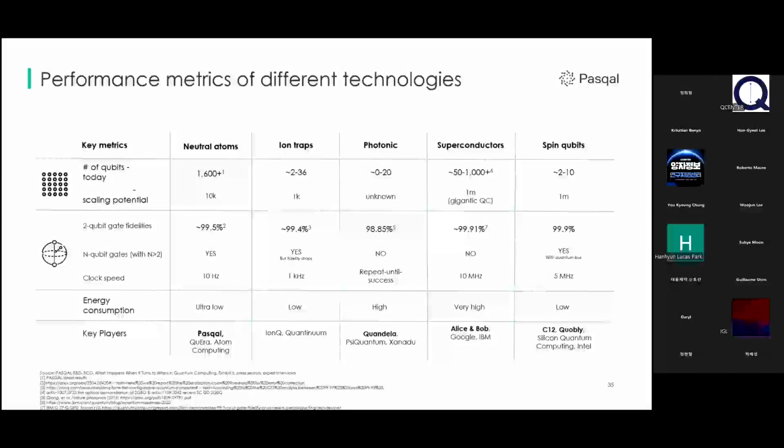Certain technologies have the potential to reach these higher regimes relatively easier, while other technologies seem to have much larger limitations on this. So this is inherently related to the architecture, from a theoretical or from a more practical side. In the case of the neutral atom systems, since they use atoms themselves suspended inside a vacuum chamber, we have a lot of atoms at our disposal.